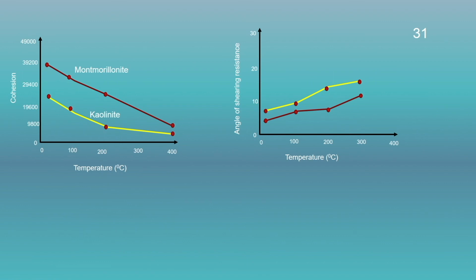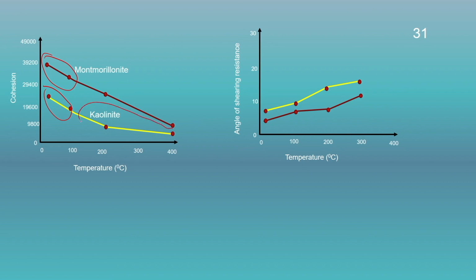Similarly, when we compare the cohesion of kaolinite and montmorillonite heated at different temperatures, we could see here there is a decrease in the cohesion value for both the soils with temperature. There is a marginal change between 0 to 100 degrees, but beyond that there is a significant reduction in the cohesion of the particles.